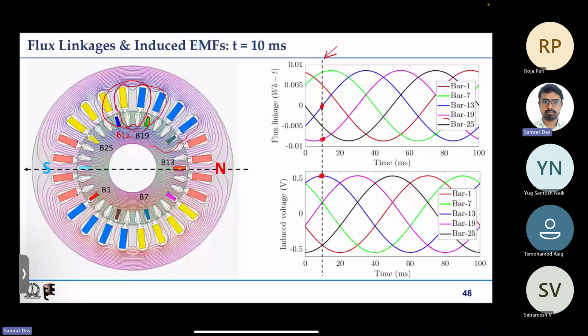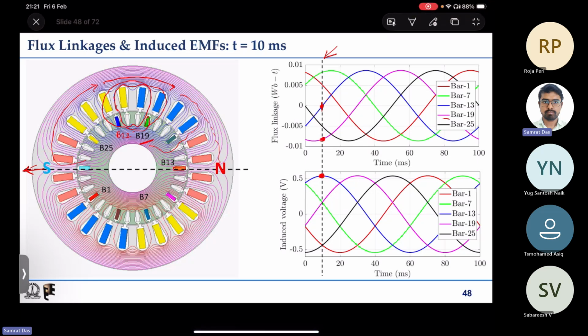Here at this instant, the field direction has been indicated here. So flux lines are basically clockwise in the upper half. So all the upper half bars at this instant will have negative flux linkages, that you can see.